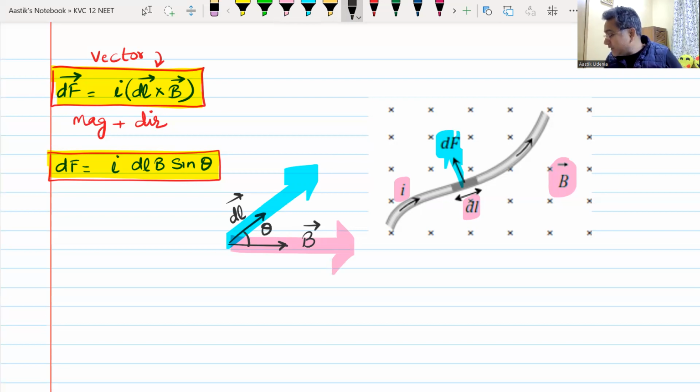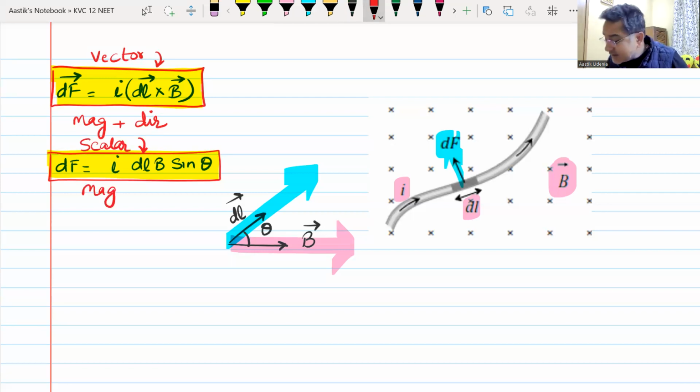So the scalar form of the equation is I dl B sine theta, which gives us only the magnitude of force.